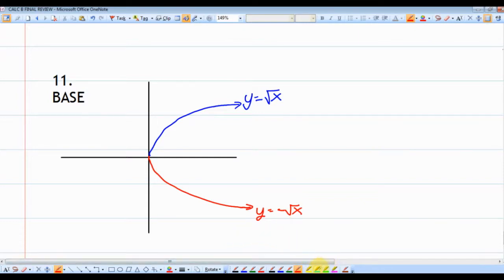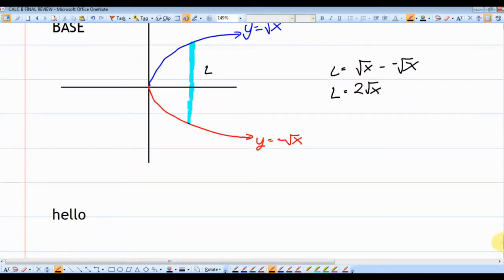The cross sections are going to go from the blue curve to the yellow curve. So this is one of the cross sections. We'll call that L. So L is going to be equal to root x minus negative root x, which is 2 radical x.